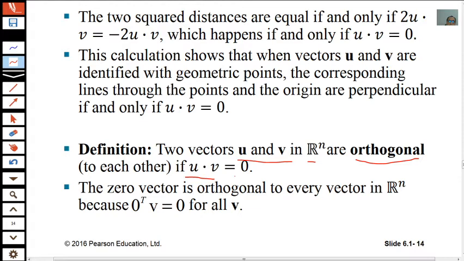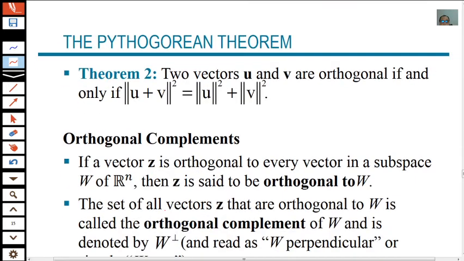The 0 vector is orthogonal to every vector in Rn, because when we apply the dot product for the 0 vector and any vector, we always obtain 0, because every component of the 0 vector is equal to the number 0, which means that the dot product will be 0.